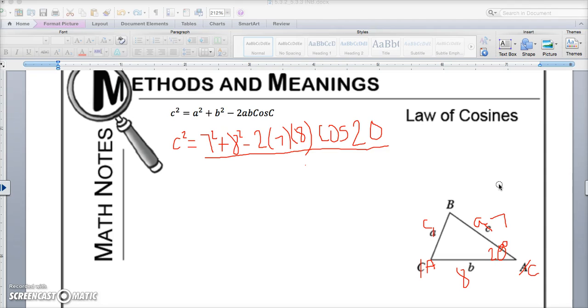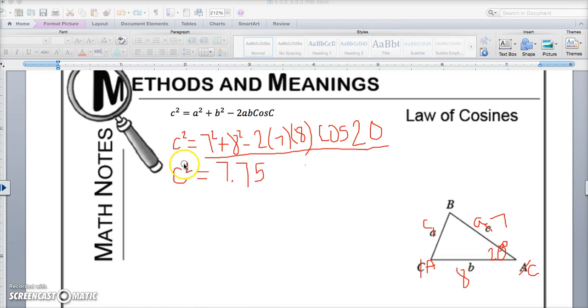You should get that. C squared equals 7.75.